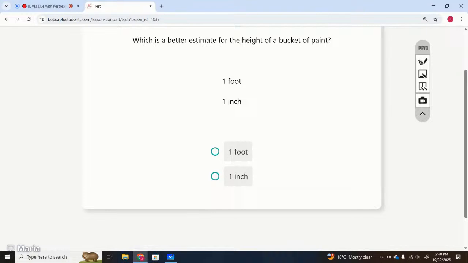Which is a better estimate for the height of a bucket of paint? A bucket of paint would be 1 foot.